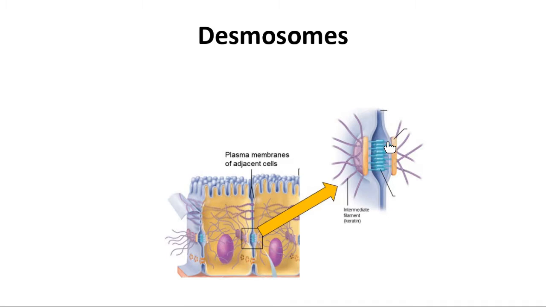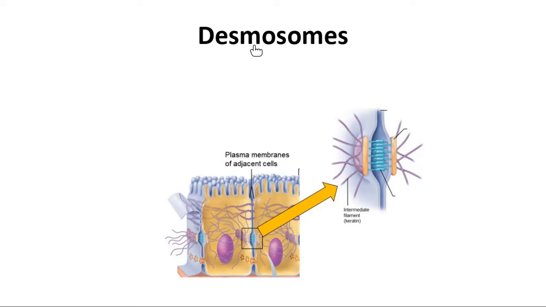So say this cell over here starts pulling this direction. On my other side of the junction, these proteins are like, oh, I got you. We're going to stay stuck together. Or if the desmosome starts pulling this direction, these proteins over here say, you're good, I got you. Or down here, if they're pulling this way, the proteins up here are going to be anchors to keep it together.